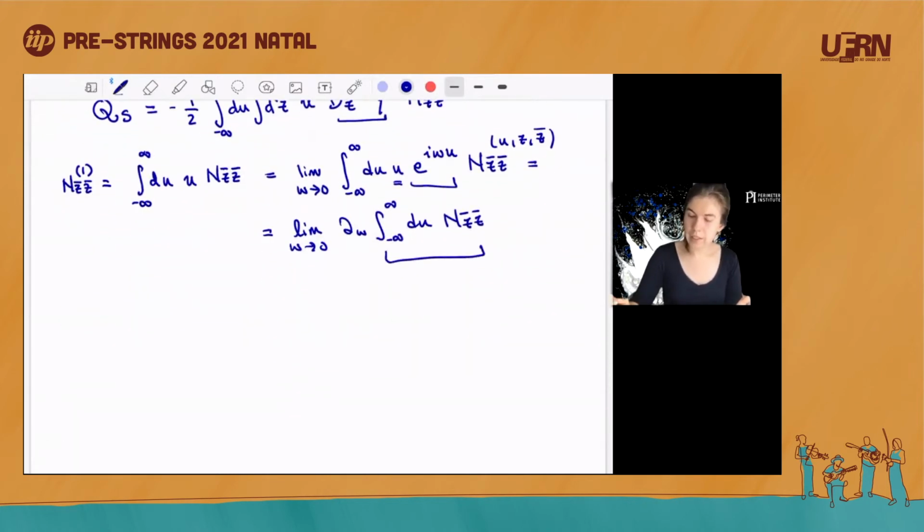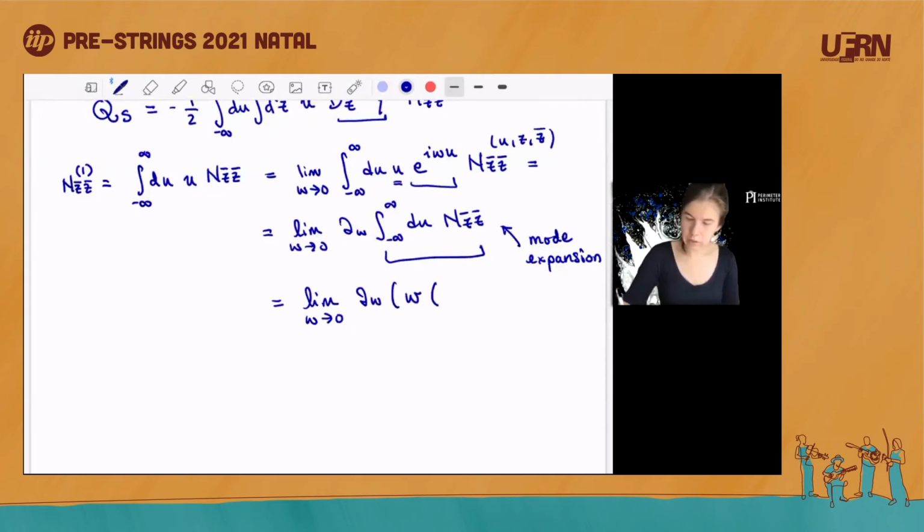But this can be shown by similar arguments, using mode expansion near scri plus, for example. This is just the limit as omega goes to 0 of d by d omega of a minus omega x hat minus a plus dagger omega x hat.